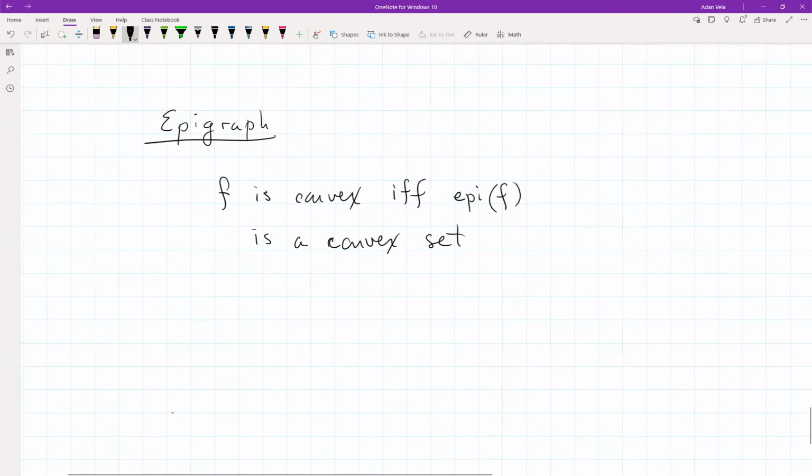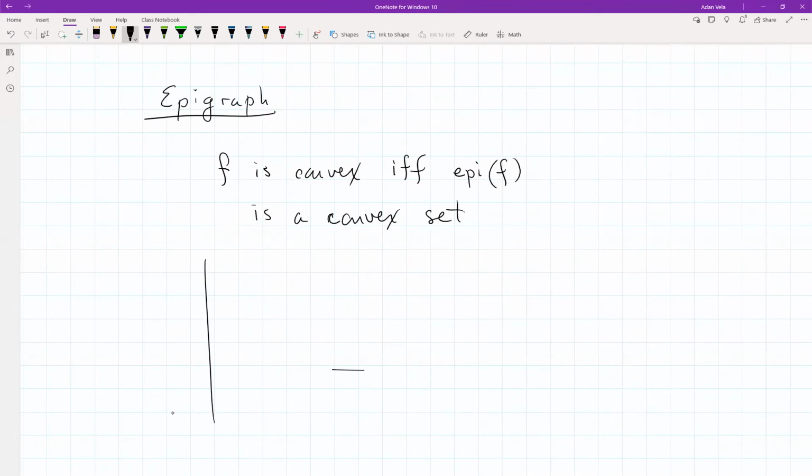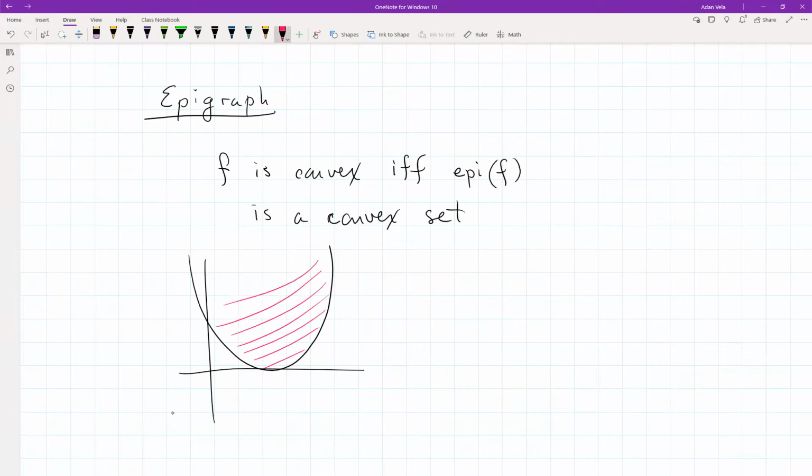Okay, so what's an epigraph? Well, basically what you're doing is you're taking your function and you're going to fill in the area above the function. And this area above the function, you're going to check, hey, is this red stuff convex? In this case, it is.